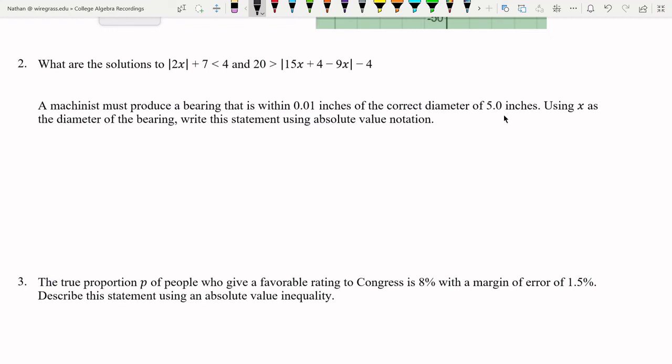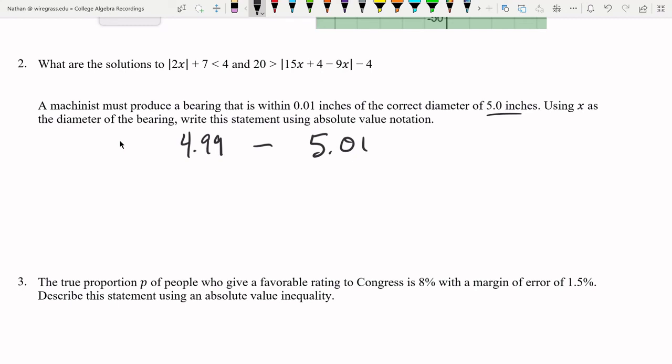The correct diameter is 5 inches, and so we want to be no more than 5.01 inches and no less than 4.99 inches. That's the tolerance here. So we're between 4.99 and 5.01.